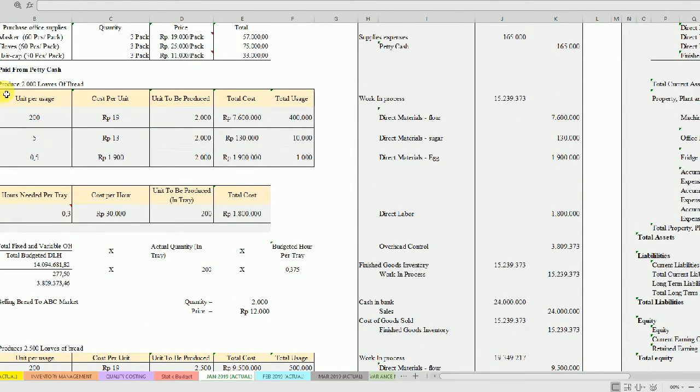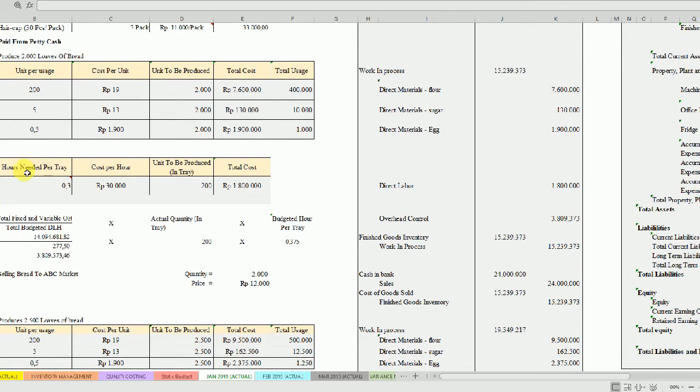Produce 2,000 loaves of bread. The unit per usage of direct materials times the cost per unit times the units to be produced, we can get the total cost of direct materials. For the direct labor, we multiply the hours needed per tray with the cost per hour, and also times the units to be produced in trays, and we will get the total cost of direct labor.